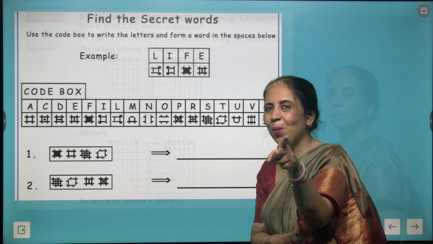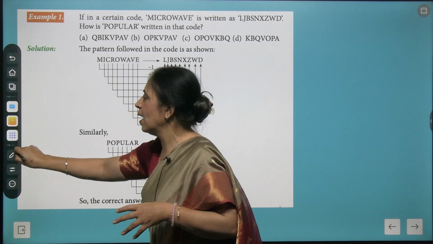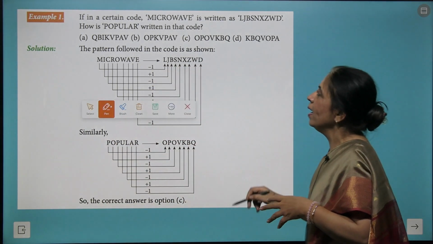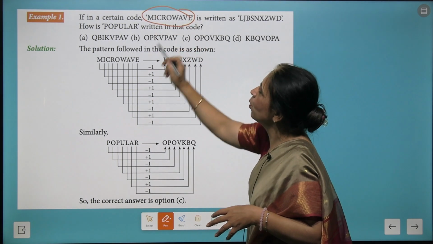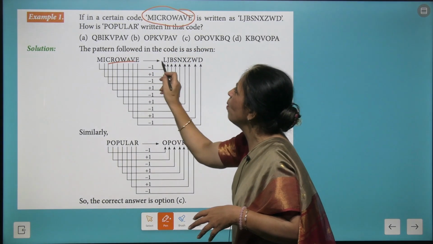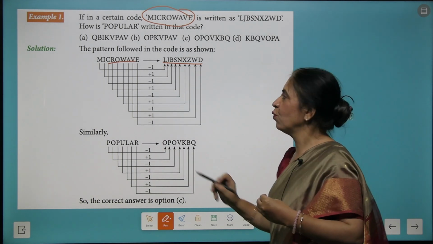Here we go. Sometimes we come across coding which is done in a very special way. Here we have followed a pattern to write microwave in the form of a symbol. Now we have to analyze what pattern is followed.